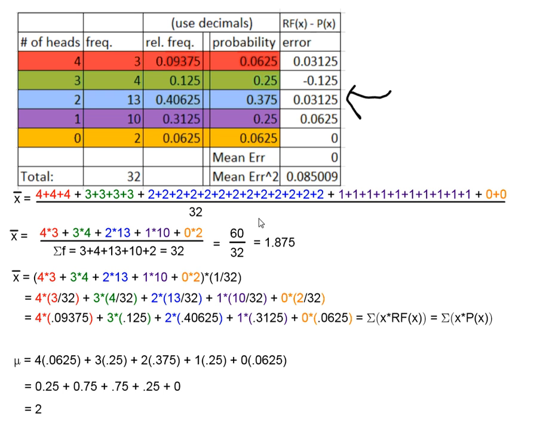So whether we know the classical probability that must be the underlying population distribution, or we only have our best approximation for that probability based on experimental data, we can be confident that this formula does work. The mean value is the sum of x times its probability.